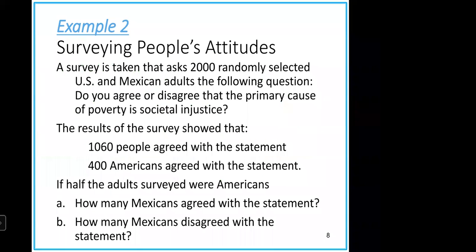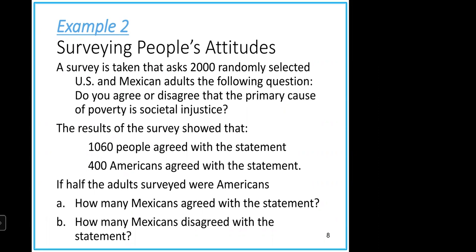Okay, so because of how the question is worded, we are told 400 Americans agreed with the statement and 1,060 persons agreed with the statement. So the overlap is not between Americans and Mexicans.